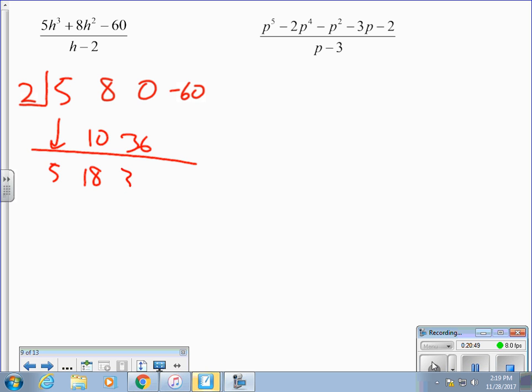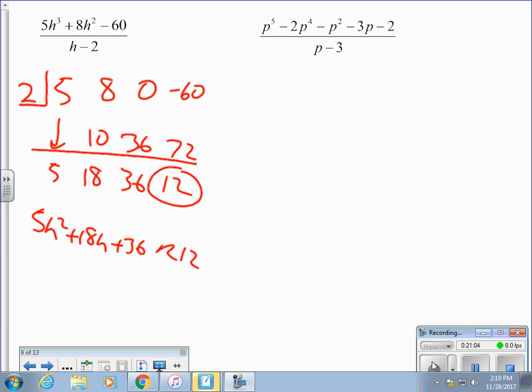Add them together, I get 36. 2 times 36 is 72. Add those together, I get 12. That's my remainder. 5h squared plus 18h plus 36 with a remainder of 12. Piece of cake.